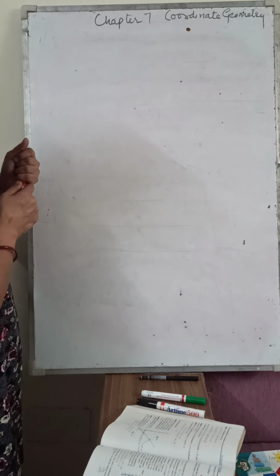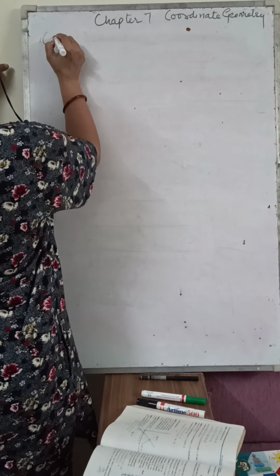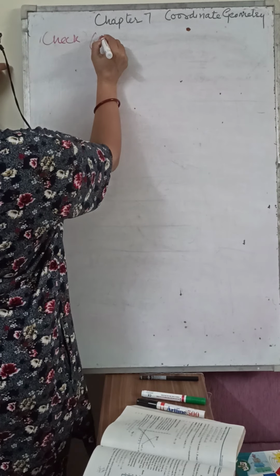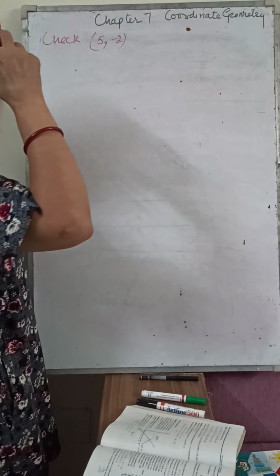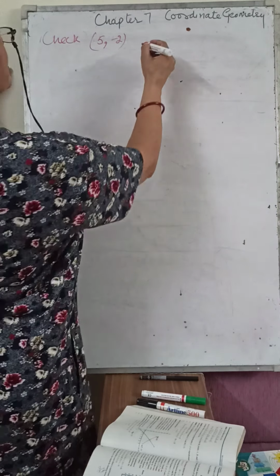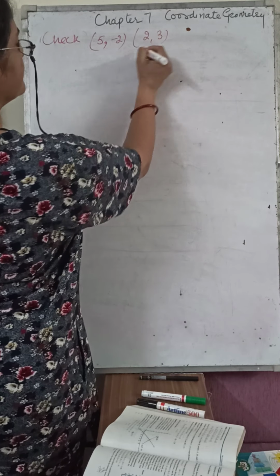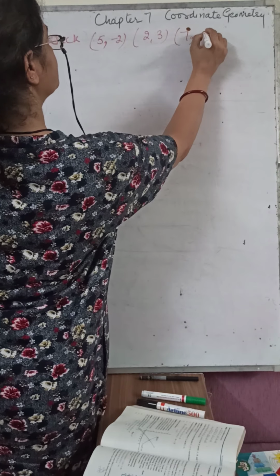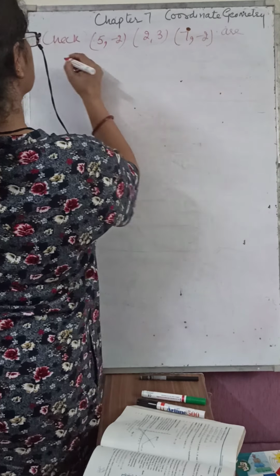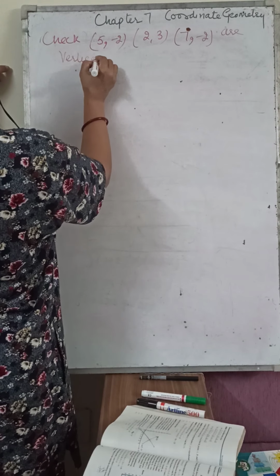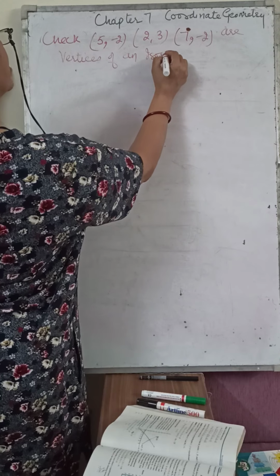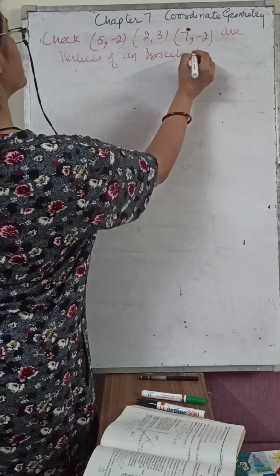Determine, you have to check whether 5 and minus 2, 2 and 3, and 7 and minus 2 are vertices of an isosceles triangle or not.